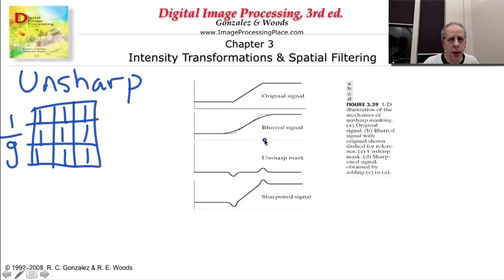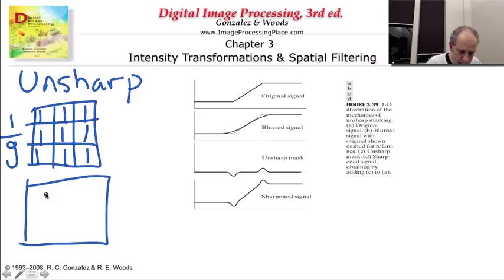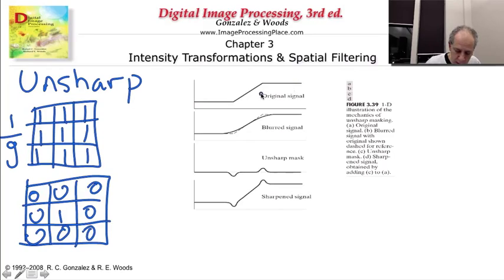Now, what's the mask corresponding to the original image? Very simple. A mask that does nothing has a 1 here and a 0 everywhere else. So the original image is this mask, the blurred image is this mask. We take the differences. So it's this mask minus this, which will produce this. Remember signs.